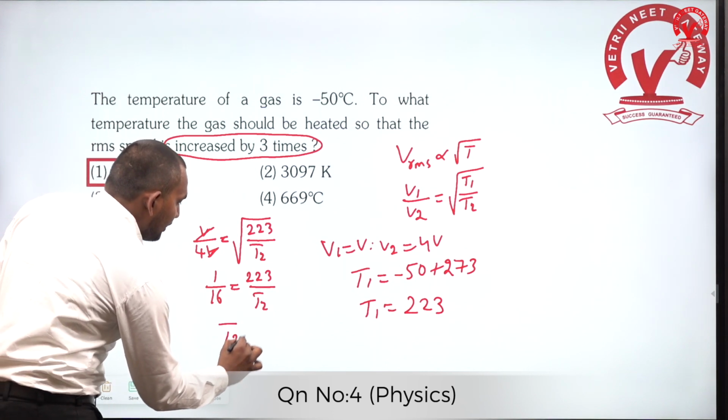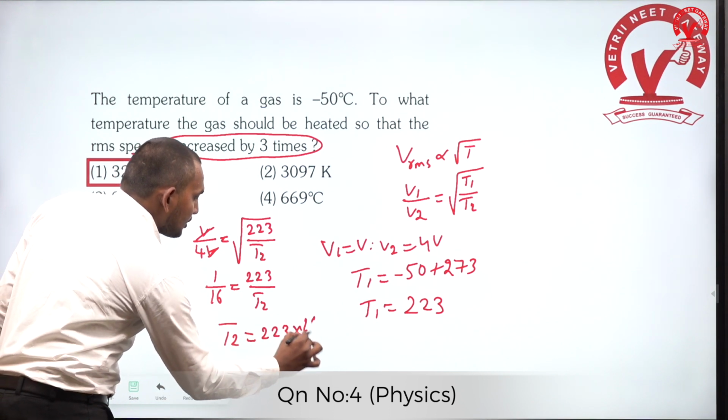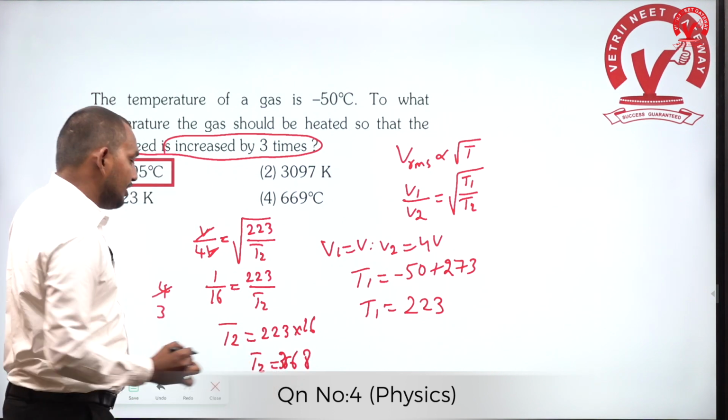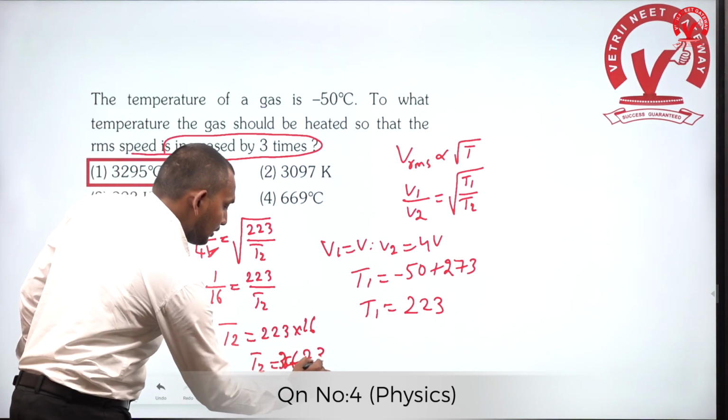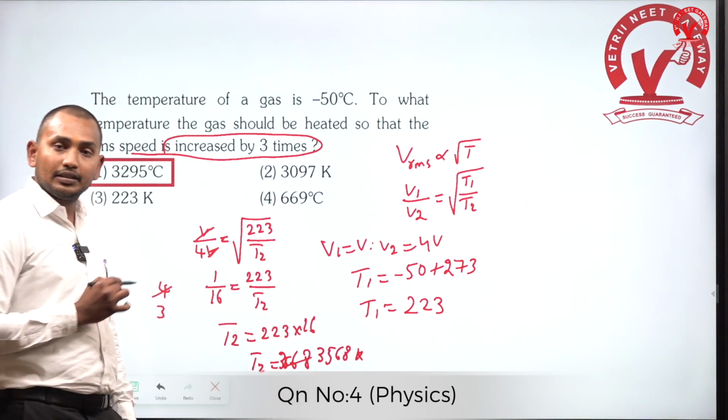So, T2 is equal to 223 into 16, 3568 Kelvin we will get.